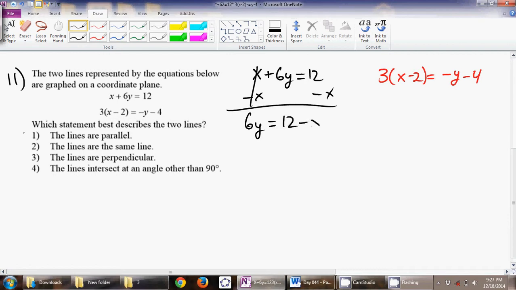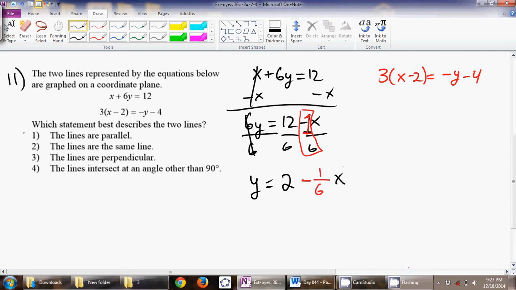I'll get 12 minus x. Divide both sides by 6. And I'm going to get y equals, so that 12 over 6 becomes 2. And then there's really a hidden 1 here. My slope, I'm going to rewrite as minus 1 over 6.